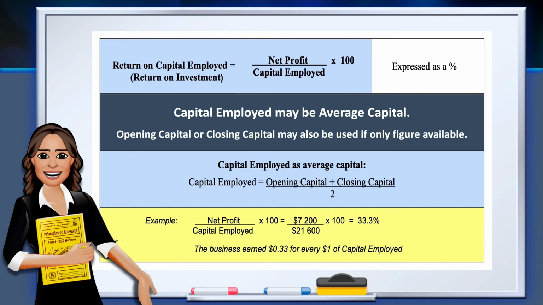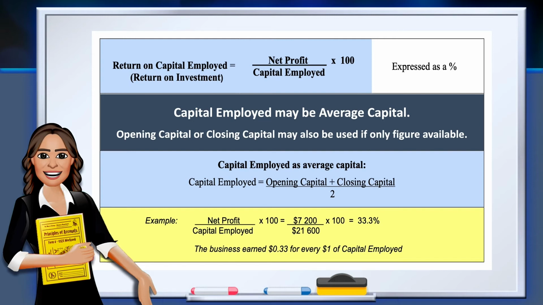So your net profit from your income statement over your capital employed, which would be your average capital, multiplied by 100. And in our example, our net profit is 7,200. We had worked out our average capital, or capital employed, as 21,600, multiplied by 100, and that gave us a ROCE of 33.3%.